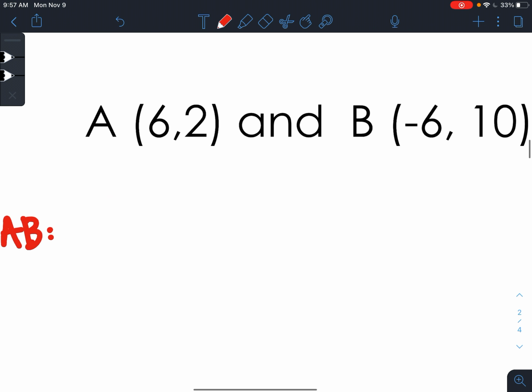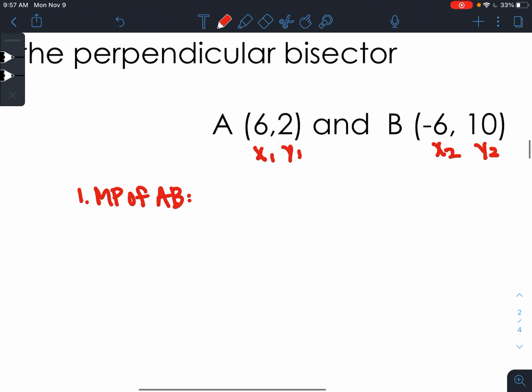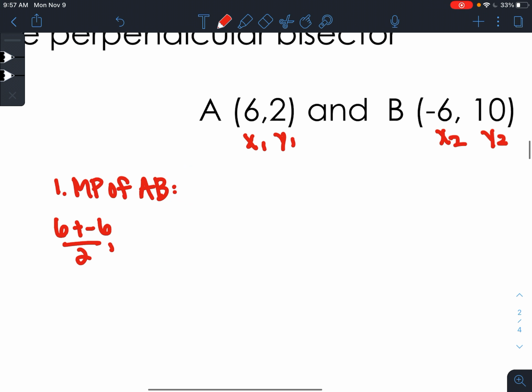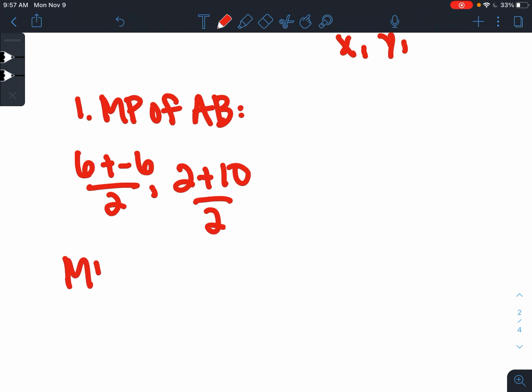I'm going to go straight across, x1, y1, x2, y2, and plug into the midpoint formula. So I'm going to have 6 plus -6 divided by 2, comma, 2 plus 10 divided by 2, which means that my midpoint is 0, 6.